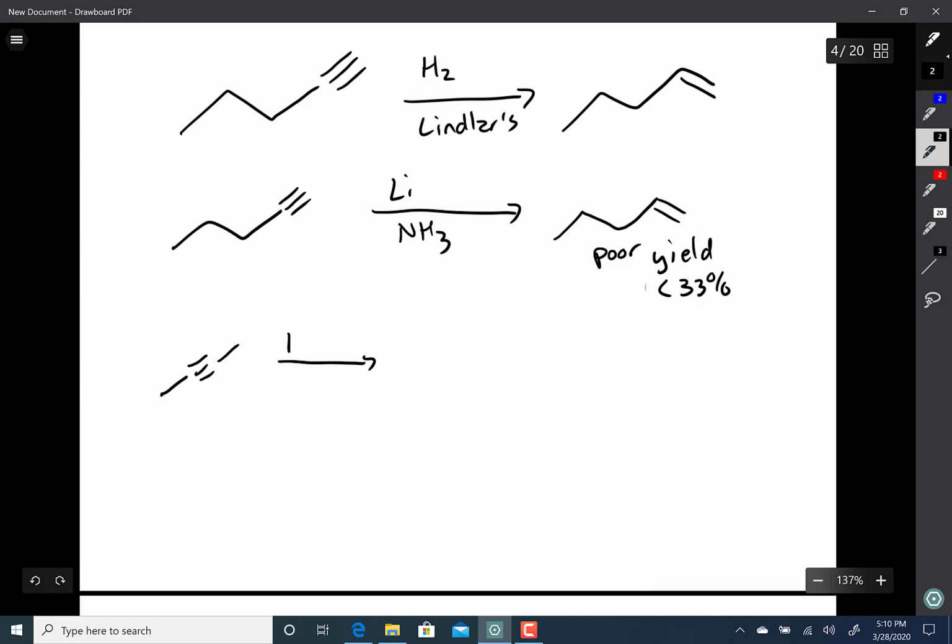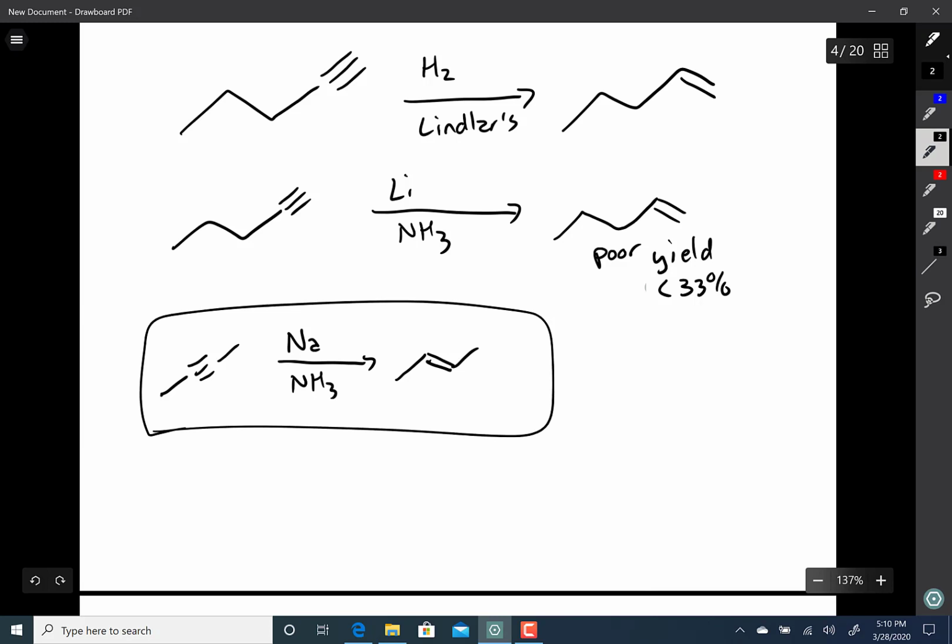And the mechanism's the same regardless of whether you use sodium or lithium in ammonia. So I'm going to use sodium, in hopes of showing you that based off of another reaction that you already know. So we're going to go over the mechanism of the dissolving metal reaction.